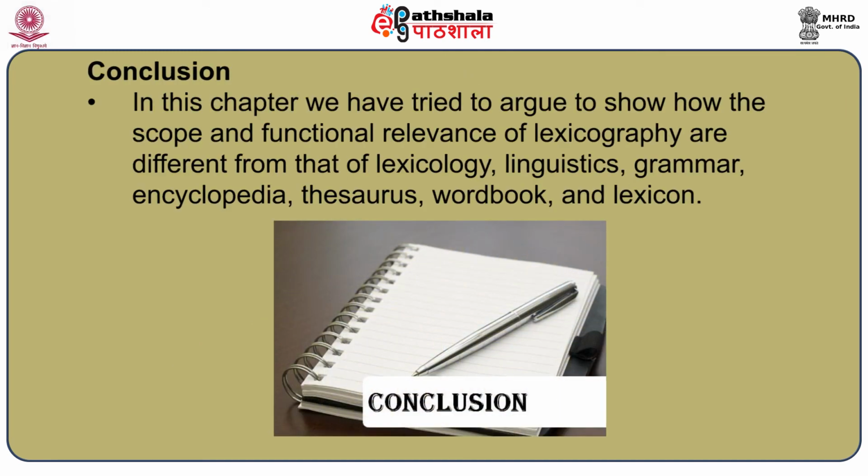The lexical items that come under open categories include nouns, adjectives, and verbs, as these forms are highly productive in the sense that they can generate new lexemes quite frequently, and these are more concrete in semantic nature. Thus, the dictionary, or the art and craft of lexicography, is different from other disciplines like lexicology, grammar, linguistics, thesaurus, or lexicon.